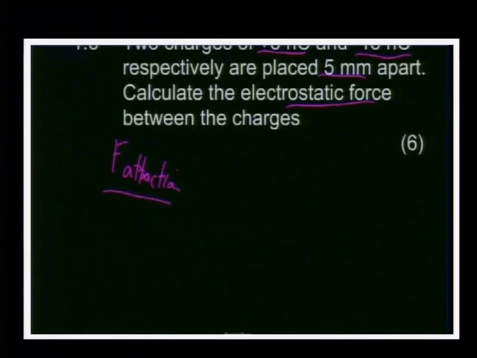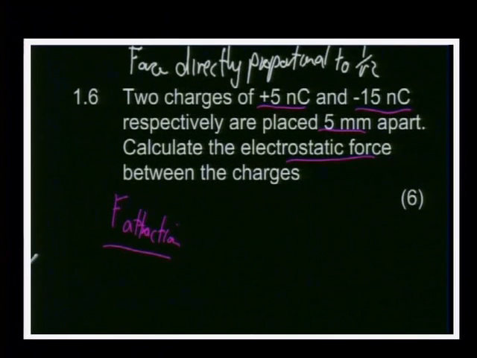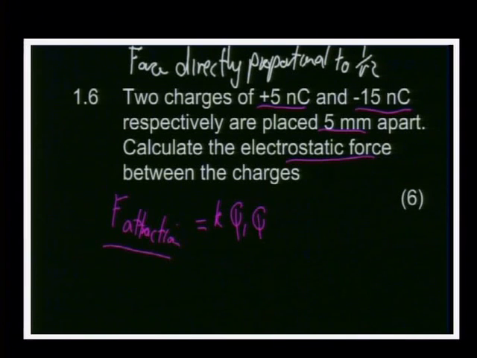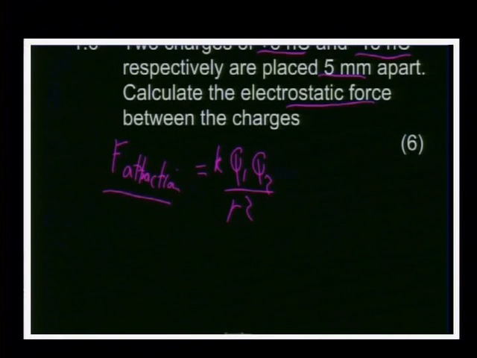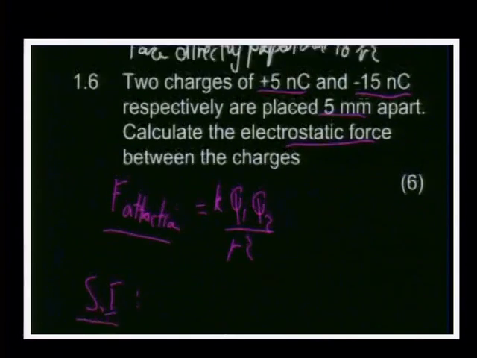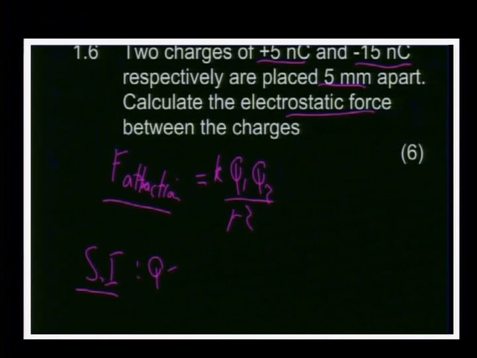The next thing, when you're given one of these problems, you identify that you're asking for the electrostatic force, so you're going to use Coulomb's law. So the force of attraction is going to be K Q1 Q2 over R squared. And that's not too difficult, but what we need to remember is SI units. So what are our conversions? Q1 is going to be 5 times 10 to the minus 9 coulombs.